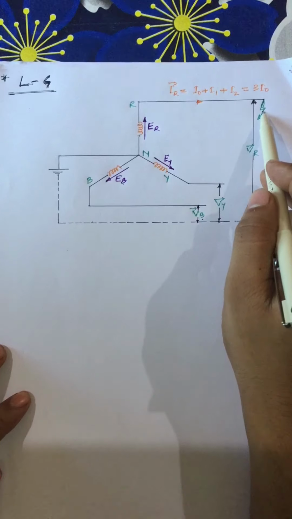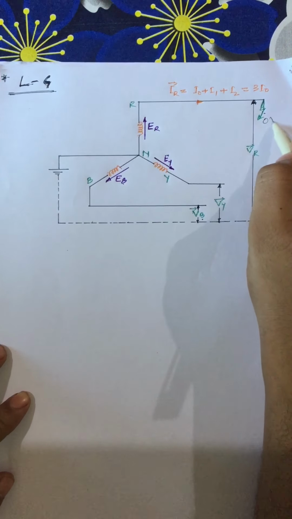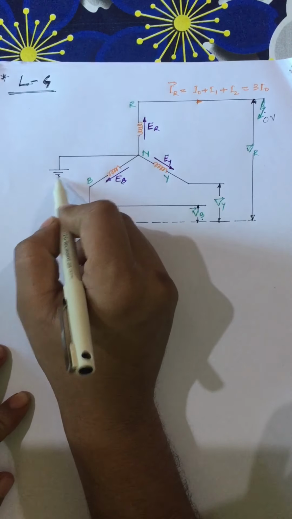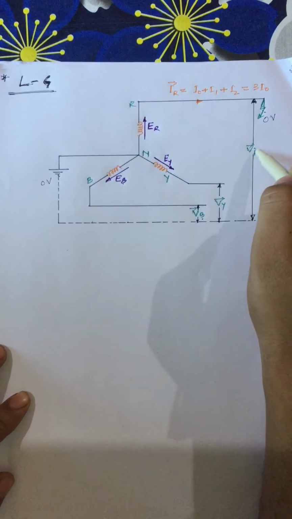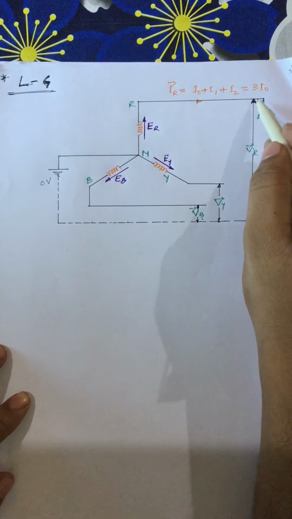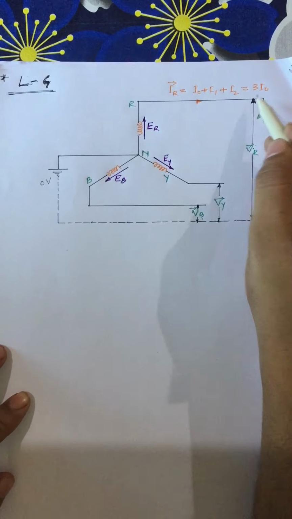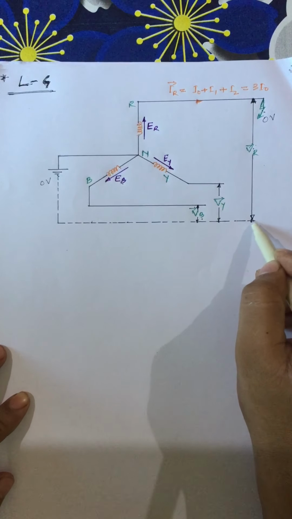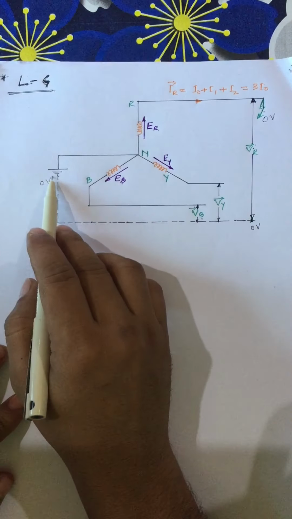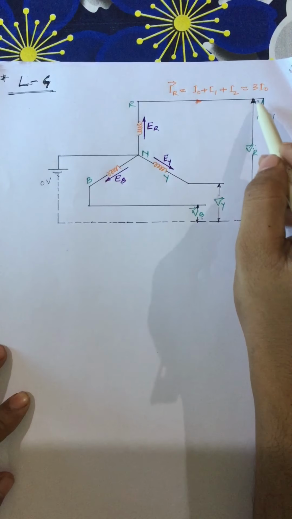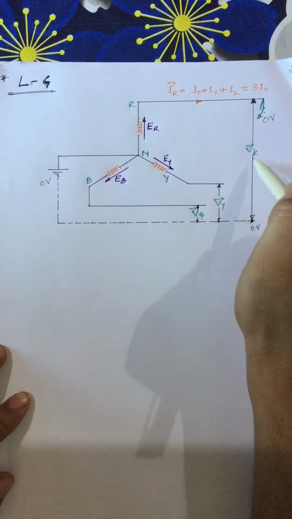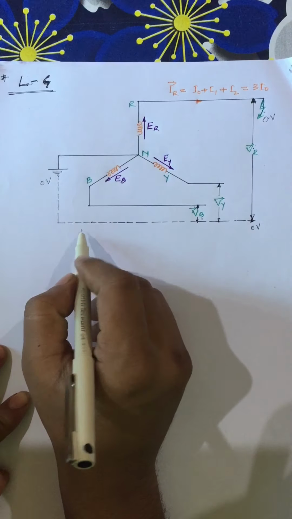Since we have a fault here, this point is at zero potential, and this point is also at zero potential, since VR is the potential difference across these two points. This point is at 0 volt because it is connected here, and this point is also 0 volt because it is connected here. So VR will be 0.